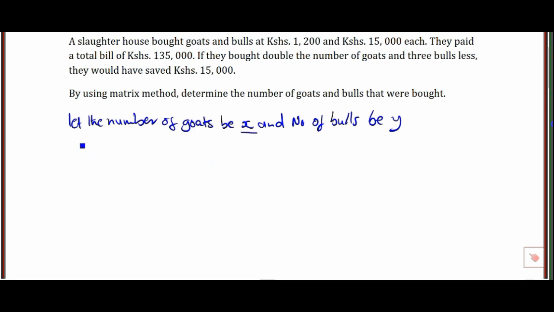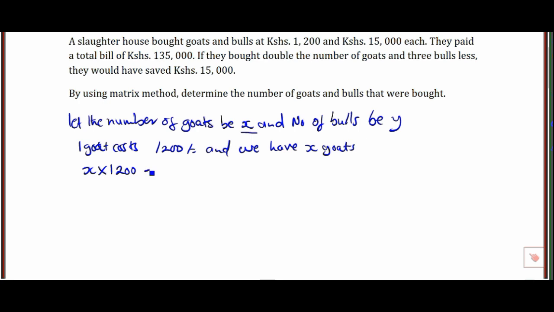Now, if we have x goats and one goat costs 1,200, so the total amount that the goats were bought at is the number of goats times the price.